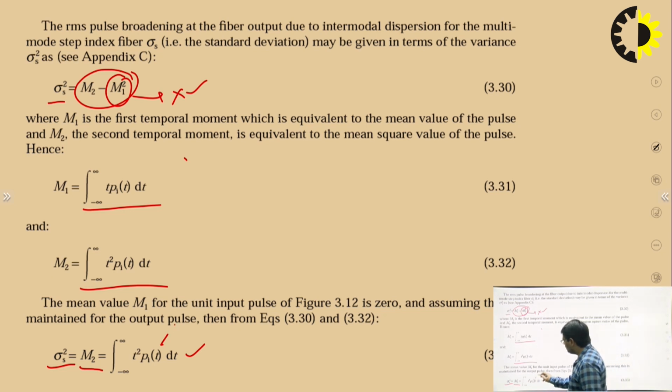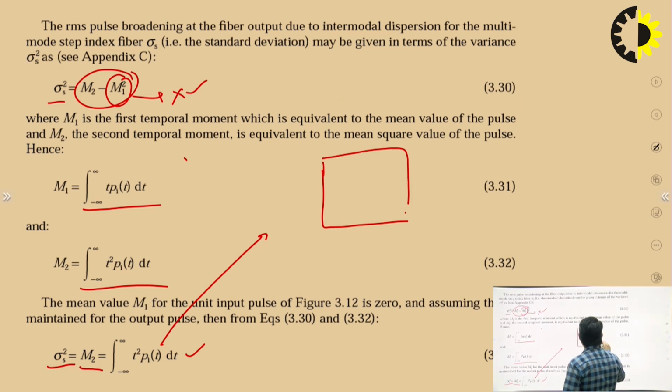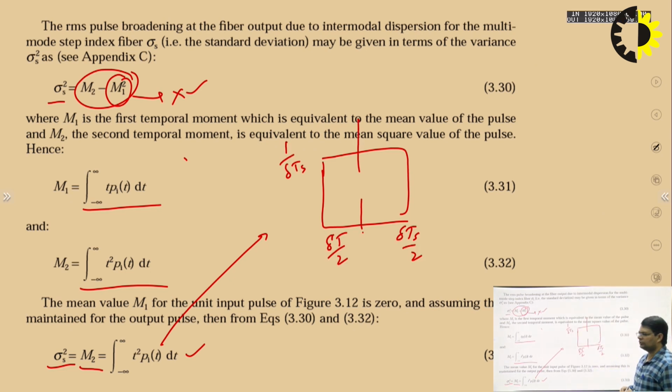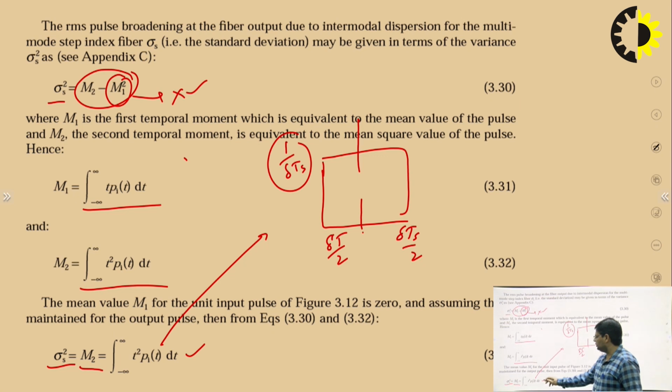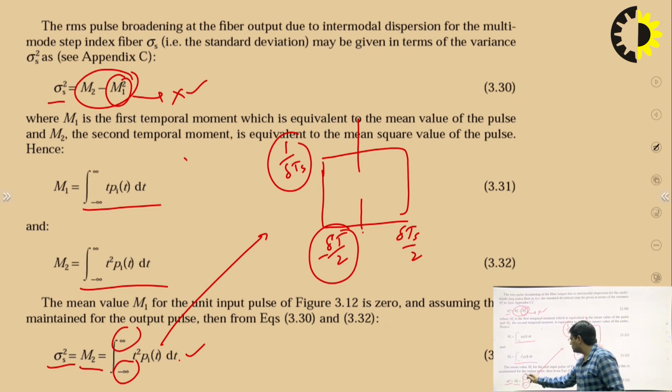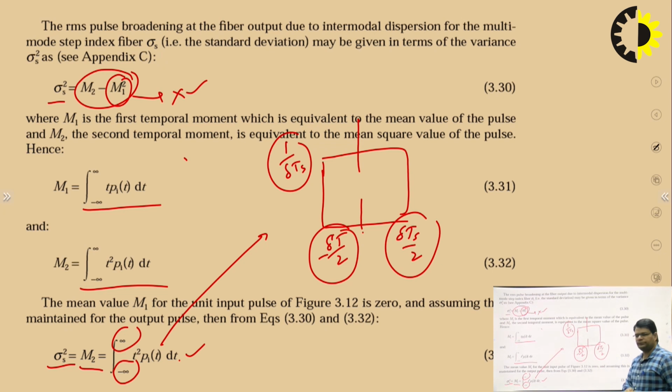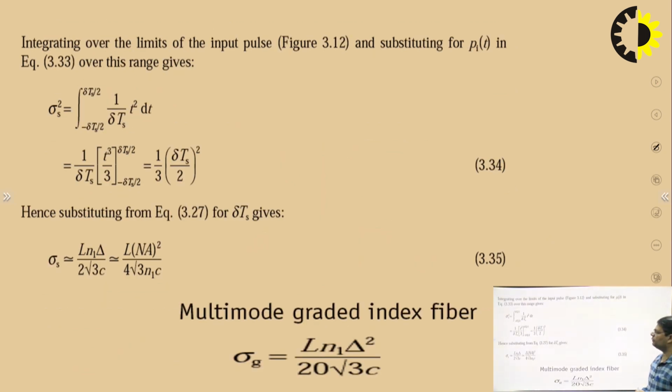Now this p_i(t) can be represented in terms of that rectangular pulse. So we can put here t squared times the magnitude dt, and the limit minus infinity will be replaced by this one, and the plus limit will be replaced by this one. In this way we can compute the RMS value for the intermodal dispersion.